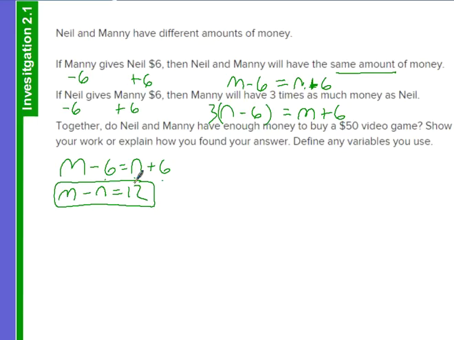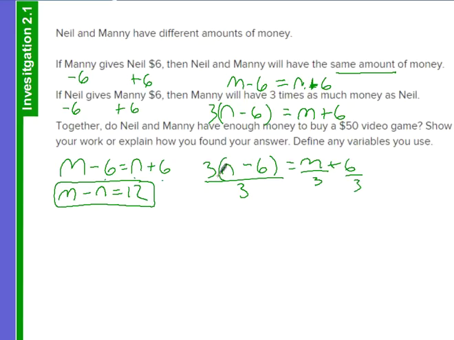For my other equation, let's keep the n. I'm just going to rewrite it. And so I'm going to divide both sides by 3, and I have to divide everything by 3.